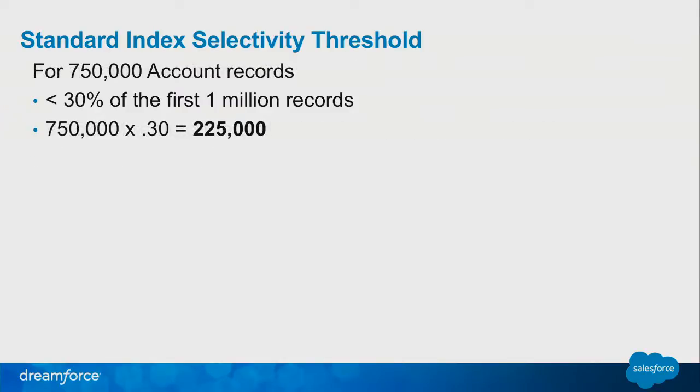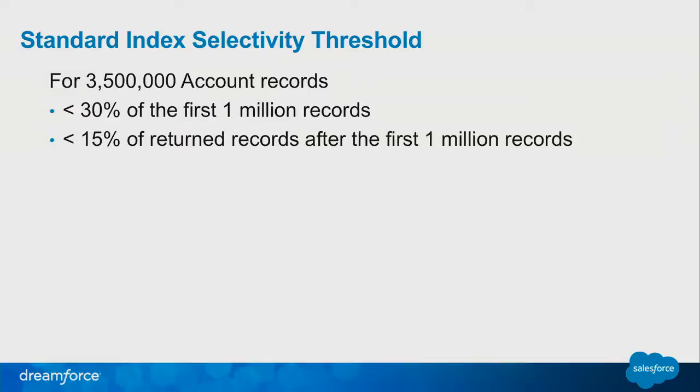So if we had 750,000 account records, the first rule applies here, which is 30% of the first million records. So the selectivity threshold, if you had a filter for this account record, would have to return less than 225,000 records. If you had 3.5 million records, the first 2 rules apply.